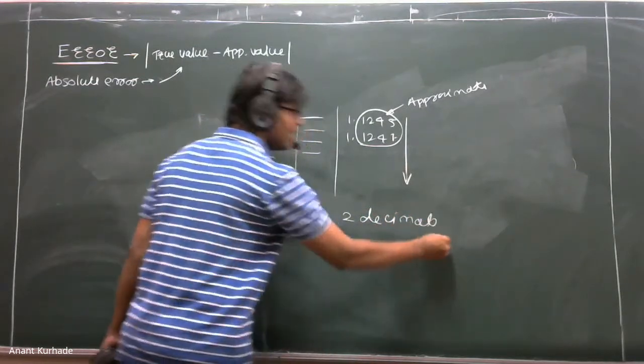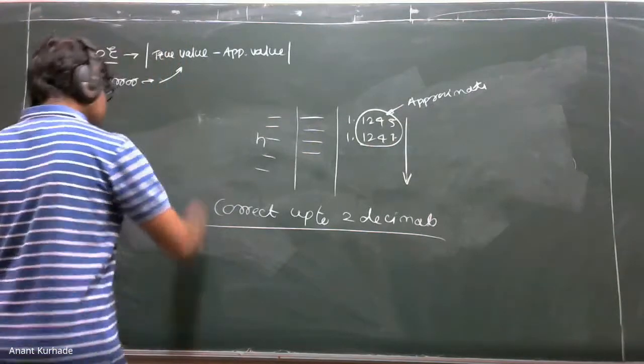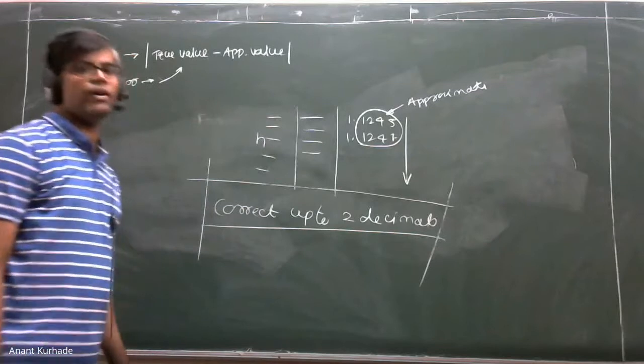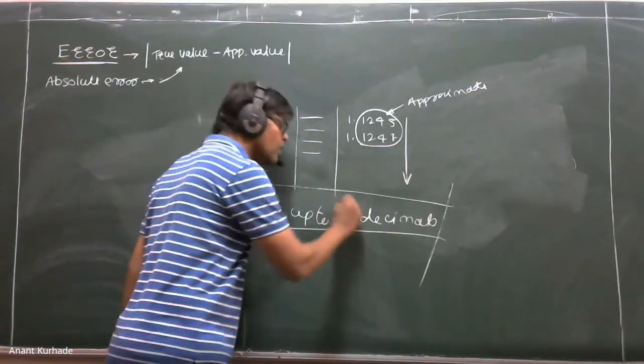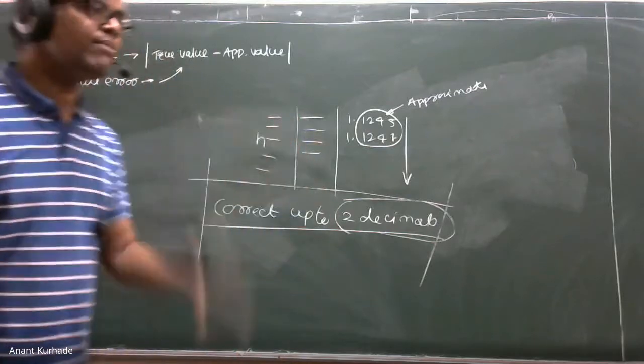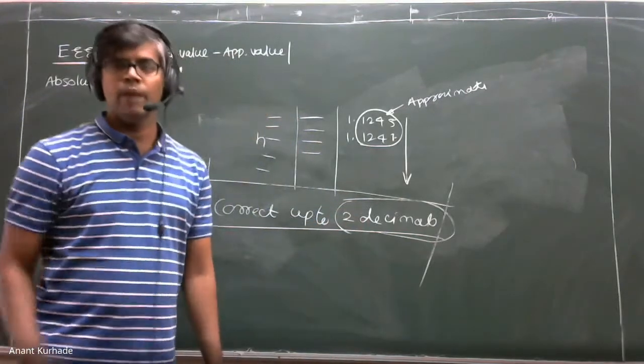This is an error. So don't write the answer with more than 3, 4, 5 decimal places. Write only up to 2 decimal places. So you can see one type of error which is already present in the problem statement before the solution.